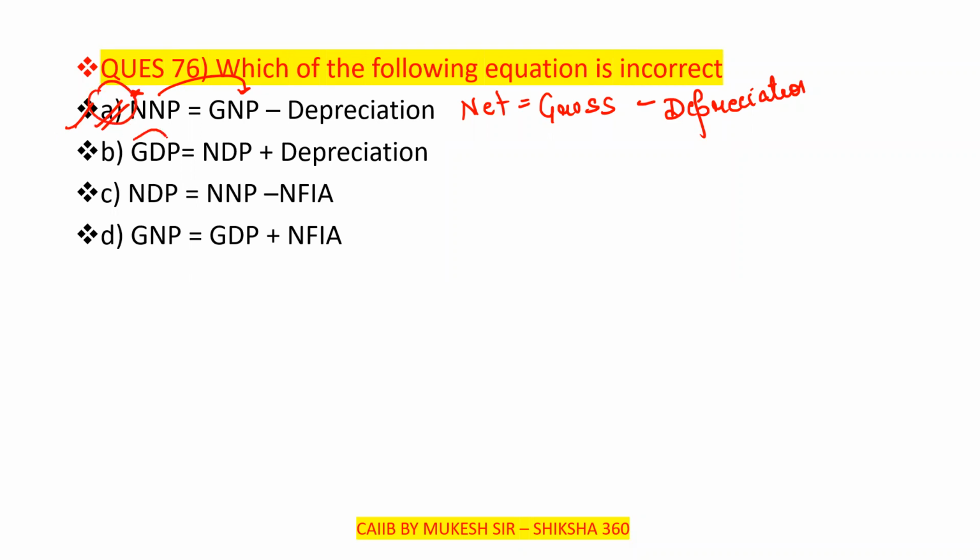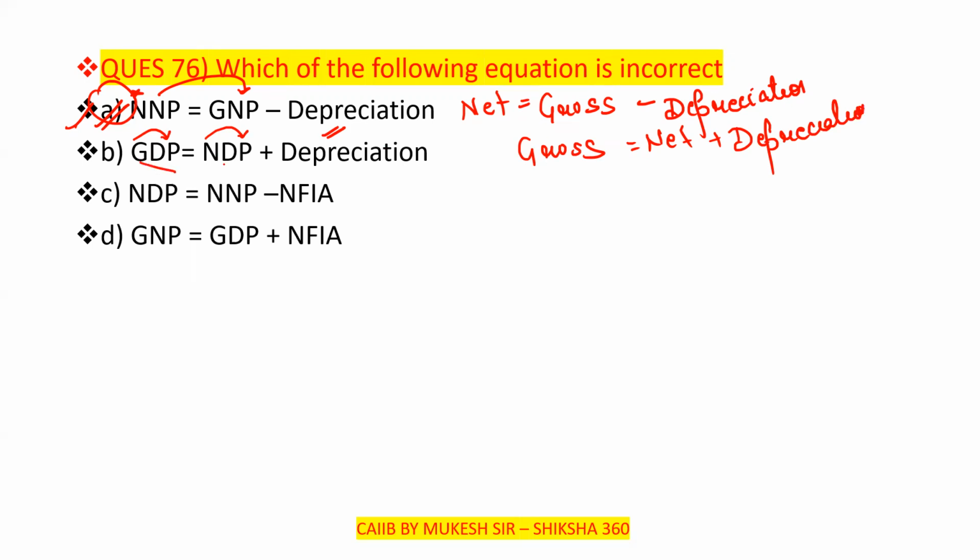Option B: Gross domestic product is equal to net domestic product plus depreciation. Gross is equal to net plus depreciation, and since both sides are domestic, it is the same.